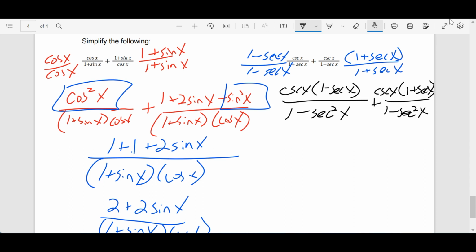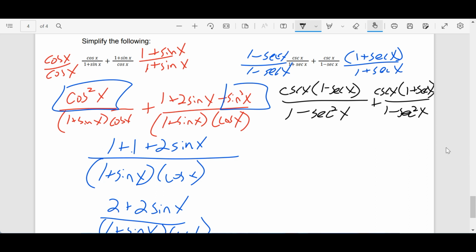You see the squareds. What did I say about whenever you see something squared? You should be thinking about your Pythagorean identities. But on second thought, that's going to make me have tangent squared x, and I don't know if I want that yet.